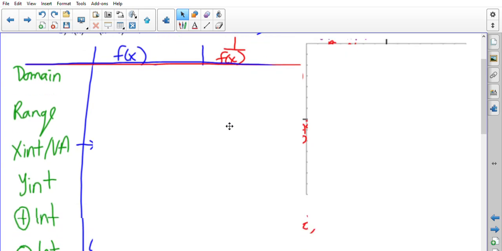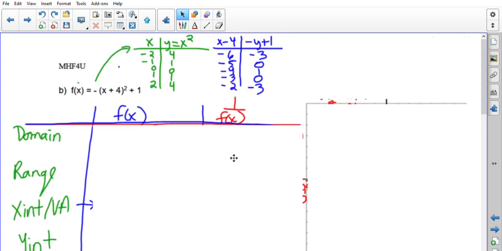All right, we're going to do an example now with a quadratic. So f of x equals negative bracket x plus 4 all squared plus 1. Notice that this one is in vertex form from grade 10, aka it's in transformed function notation. So in order to help us draw this, yes, I can see my vertex is going to be negative 4 and 1.